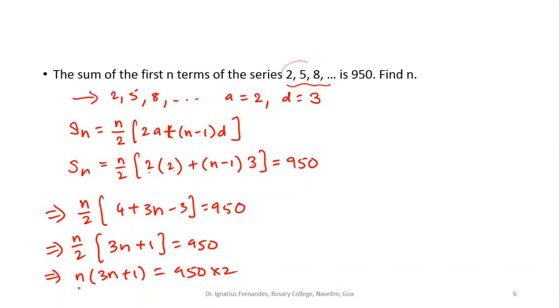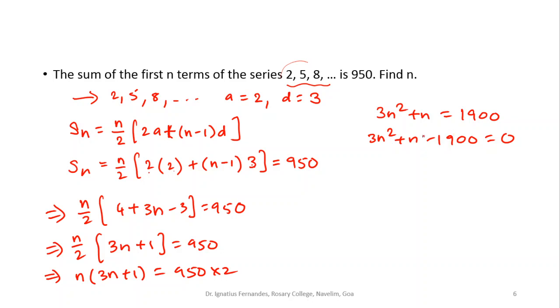Multiplying this n throughout the bracket, I have n into 3n, which is 3n square, plus 1n, which is equal to 950 into 2, which is 1900. If I shift this to the left, I have 3n square plus n minus 1900 equal to 0. So to find the value of n, what we have to do is factorize this quadratic equation.